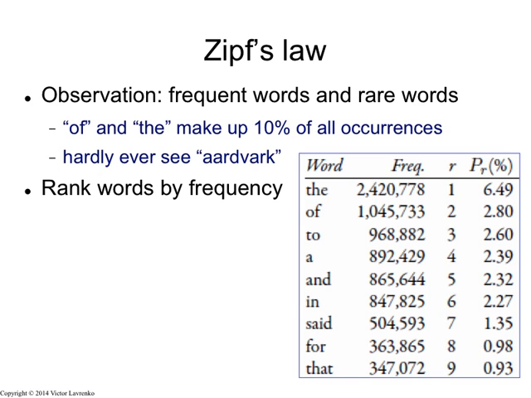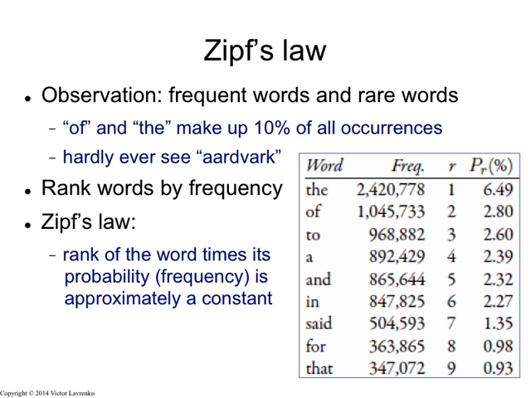So that's an interesting observation, and that is something known by the name Zipf's law. And Zipf's law is an empirical law. It's a law based on observation. And the law says that if you rank the words in decreasing order of frequency, then rank multiplied by the frequency of the word is going to be approximately a constant.